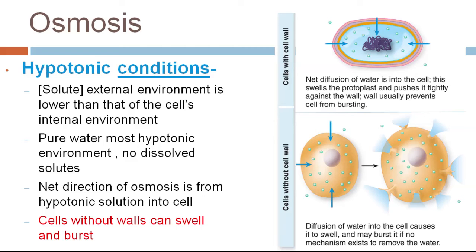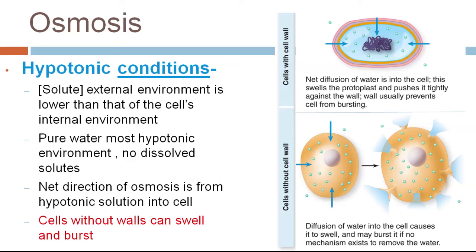Hyper meaning many. In that case, we're saying the outside conditions are hypo. Water is flowing into our cells. Why? Less solutes means more water. This is higher solutes, less water. So if the solutes can't move, that means water is going to flow into this cell. Okay, so far so good?